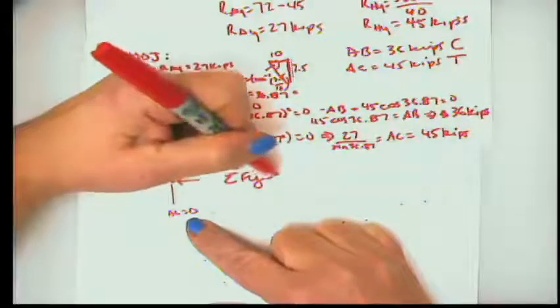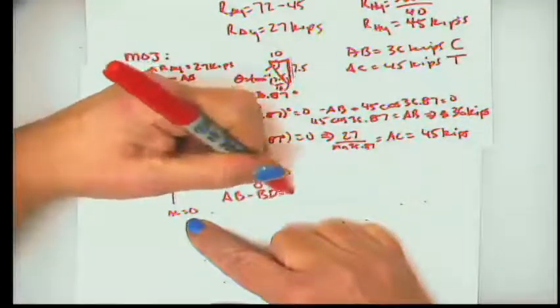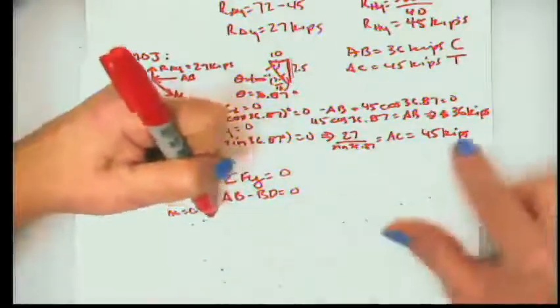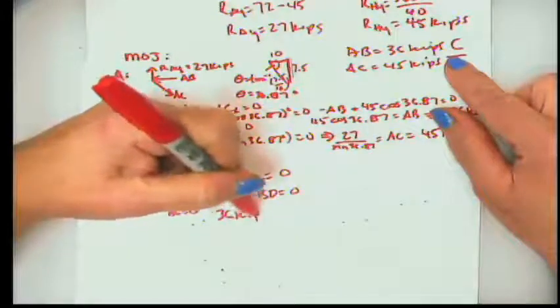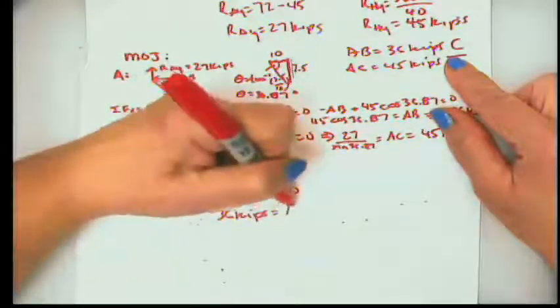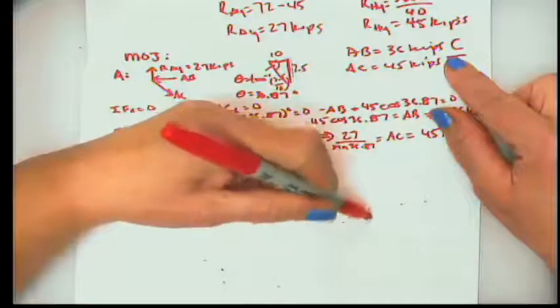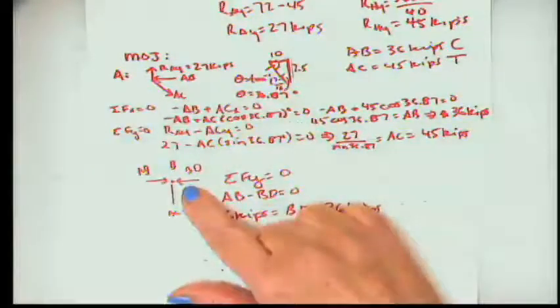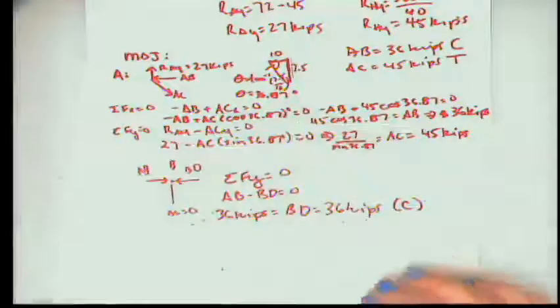So summation of forces y equals 0, AB minus BD equals 0. That means AB, which we determined was 36 kips, equals BD. So that's equal to 36 kips. And we go back to our picture, pushing on the joint. So it's also in compression.